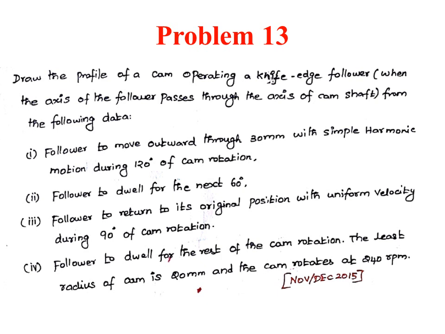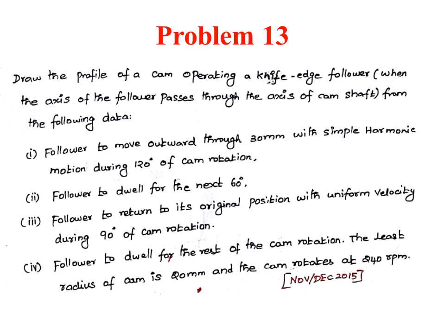Next there is a dwell for the rest of the cam rotation, and they have given the least radius of the cam, which is 20 mm. When we say least radius of the cam, it means the base circle radius is 20 mm, and the cam rotates at 240 rpm. So these are the parameters given.